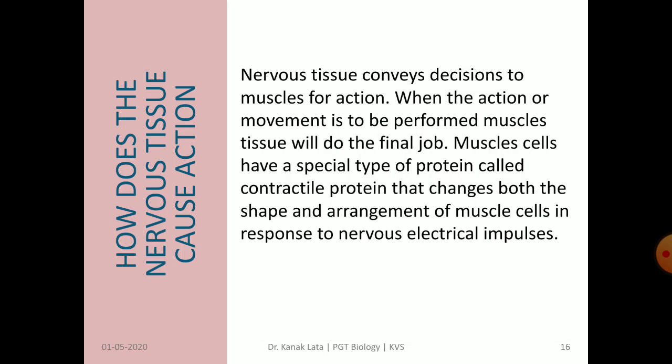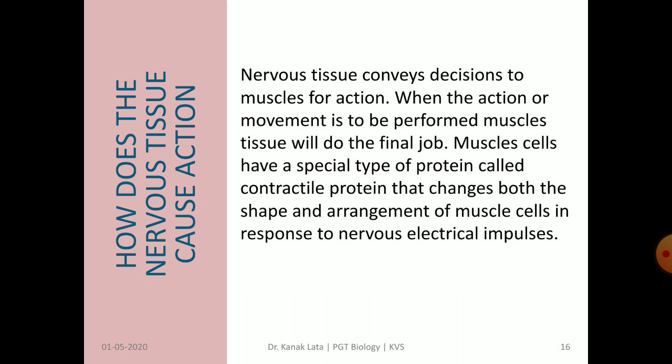Now let us see how the nervous tissue causes action. Nervous tissue is responsible for conveying decisions to muscles for any action. That is, they send messages to muscles for action. Whenever the action or movement is to be performed, the muscle tissue will do the final job.